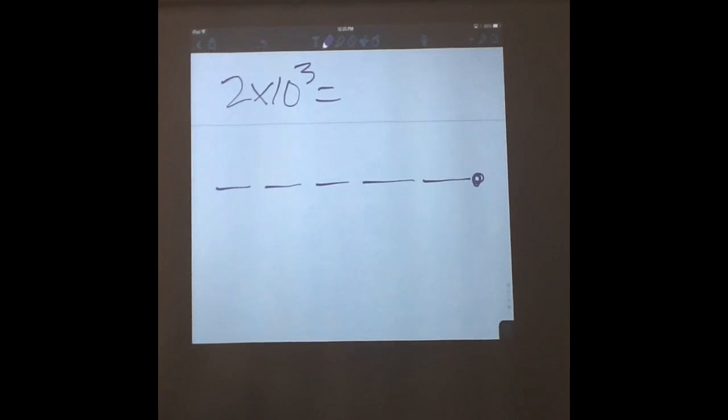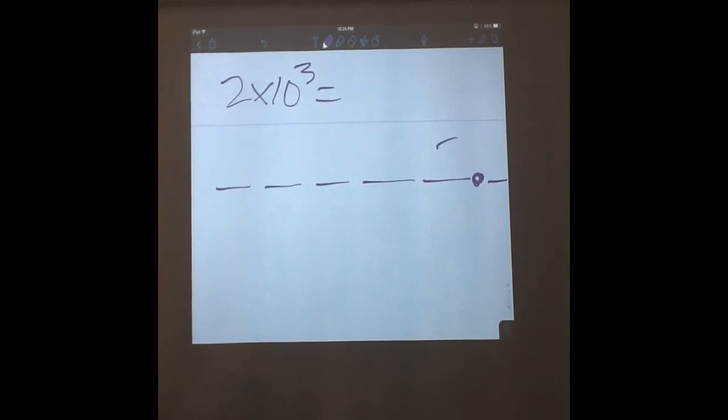And I'll put my decimal here. Do you remember what that place is? Tenths. That means 10 pieces. Nice. This is ones, tens, hundreds, thousands, 1,000, right? And then this would be 10,000. Good job.